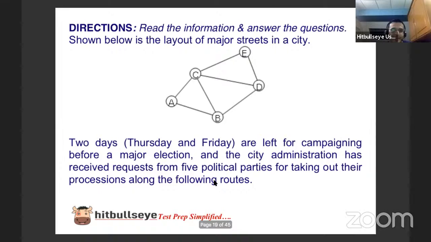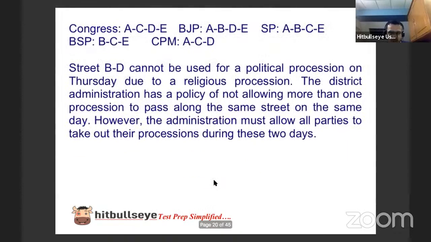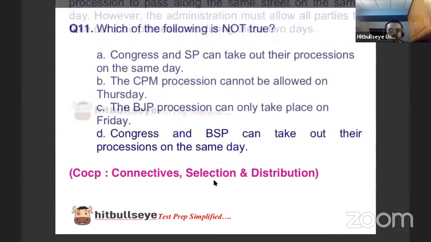Right. So what is happening here? We have an election coming up, right? And 2 days, Thursday and Friday, are left for campaigning, right? So we saw this Bengal election and all, right? Similar to that, we have this scenario. Now, the city administration has received requests from 5 political parties for taking out their processions along the 5 routes. So these are the 5 routes we have.